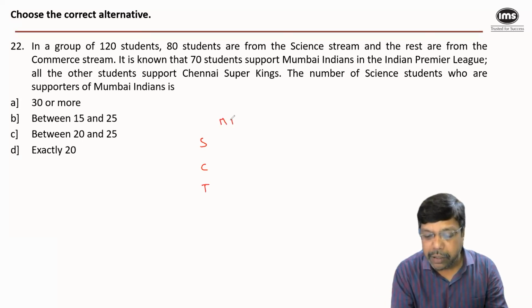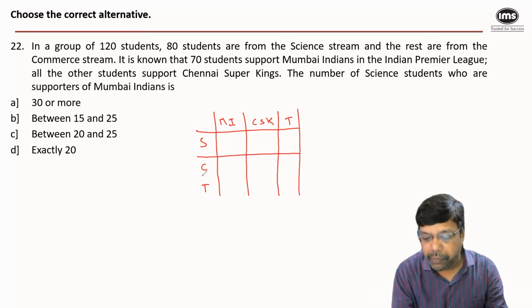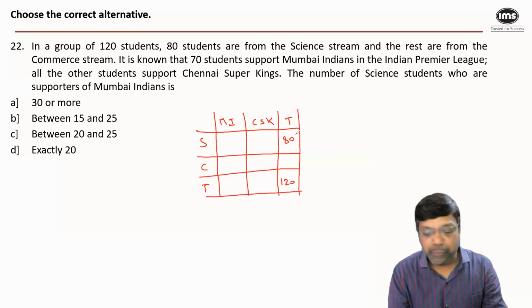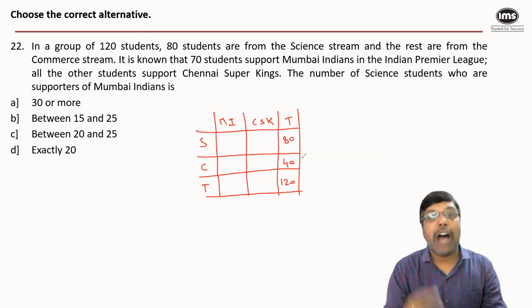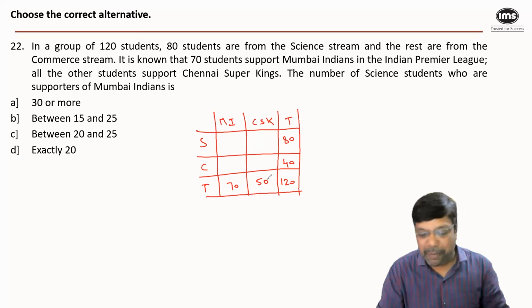And then we have students supporting Mumbai Indians and Chennai Super Kings, and the number of such students represented vertically. Now it is given to us that the total number of students is 120. 80 are from science stream, which means the remaining 40 are from commerce. 70 students support Mumbai Indians, which means the remaining 50 support CSK.